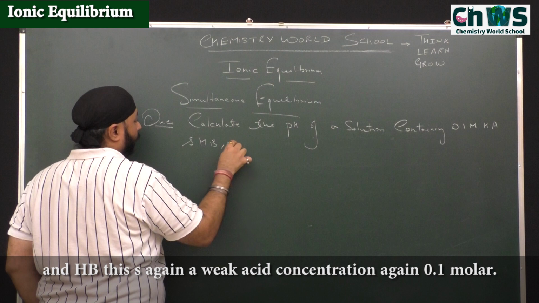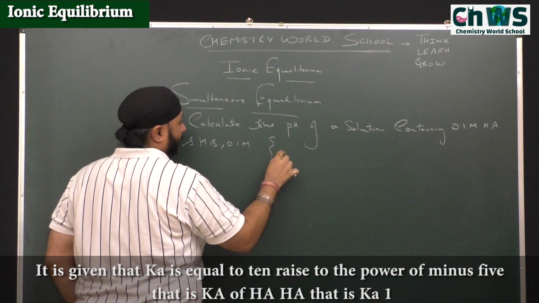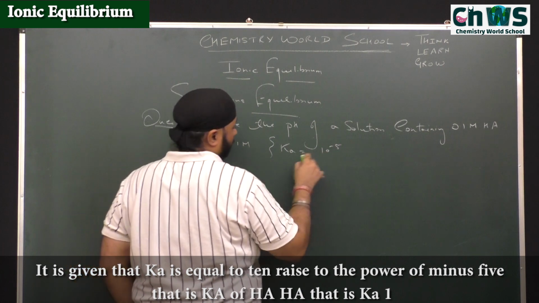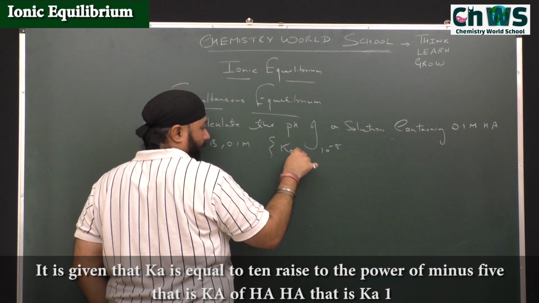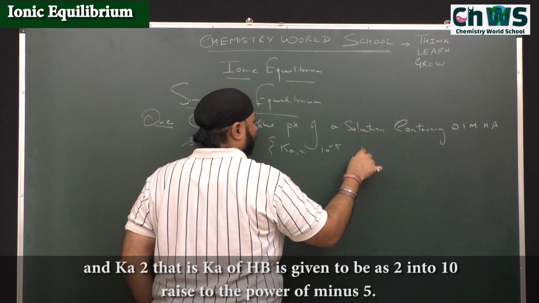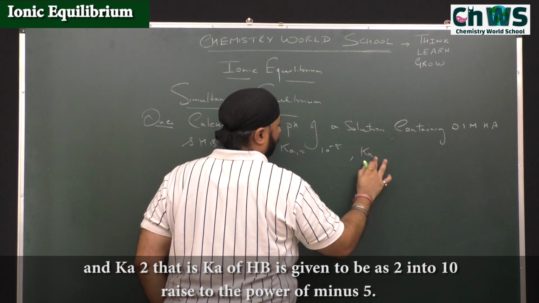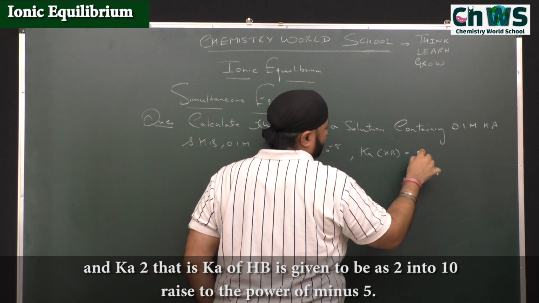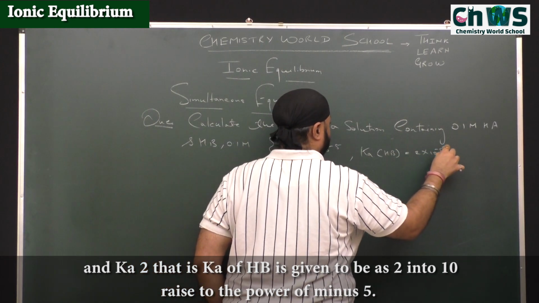Concentration again 0.1 molar. It is given that Ka of HA, that is Ka1, is 10 raised to power minus 5, and Ka2, that is Ka of HB, is given to us as, let's say, 2 into 10 raised to power minus 5.